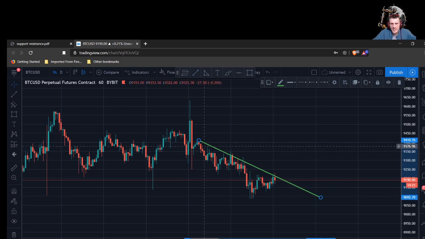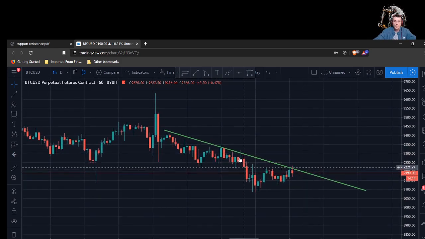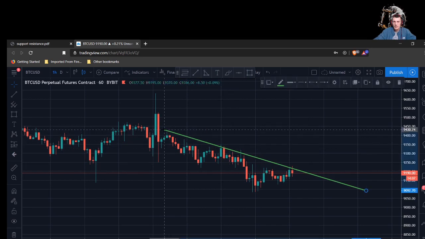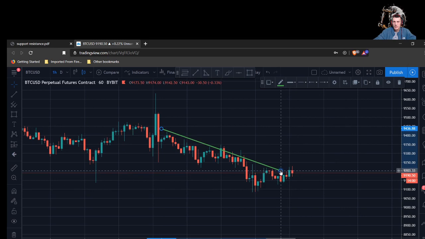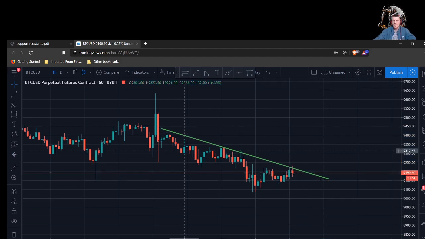But for your trend line to stay valid, you can't have anything close above it, okay? So you can have wicks that come up above it, as long as the body of the candle is not closing above it. So what we got right here, that is a valid trend line.